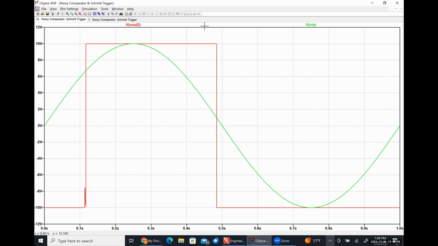Go to your notes for this class. When we first started talking about the practical op-amp, this would have been one of the last things.